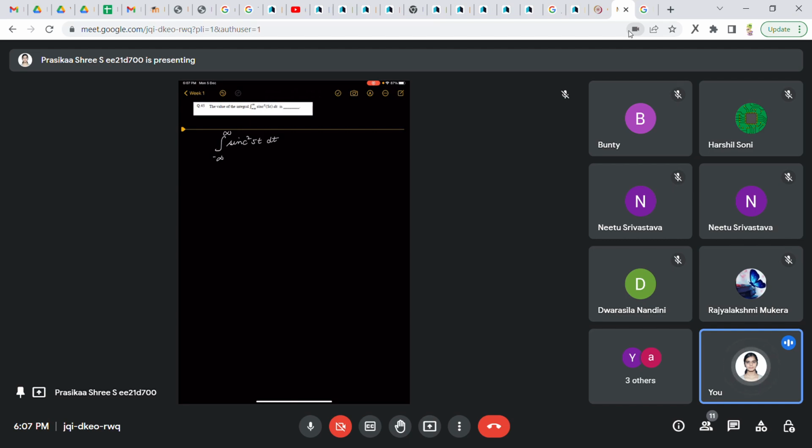So what is sinc t? Sinc t is defined as sine pi t by pi t. I've already told you one famous Fourier transform pair, which you need to remember.